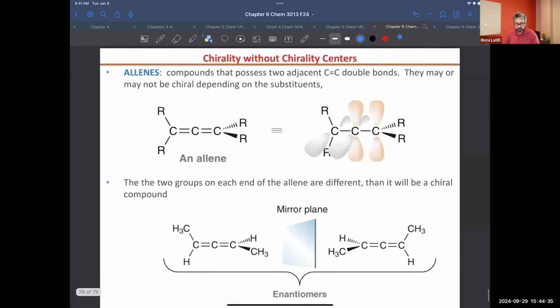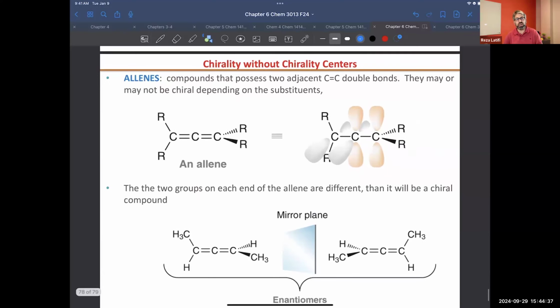Another way to lock the system is whenever you have a bunch of double bonds back to back, and in this case, we call the compound an allene. In allenes, you have a carbon that is involved in two double bonds. So rotation in this direction or around that carbon is not feasible, and same thing here, we can't have any rotation.